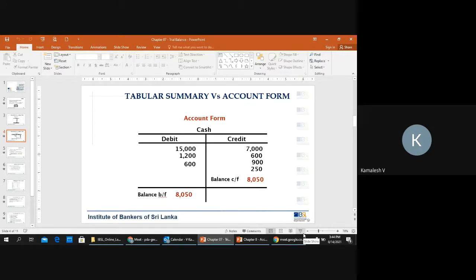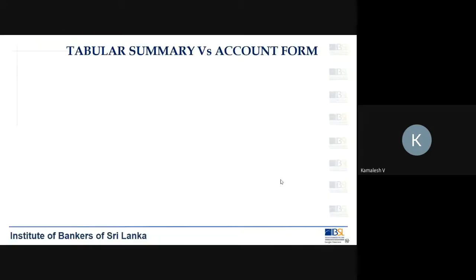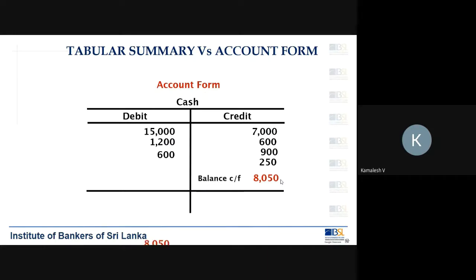So you can decide on that in two ways. One is where you understand that normally assets should have a debit balance, but it need not be. Last week I explained that the bank account is generally expected to be in debit, but there are instances where it can turn into credit also.